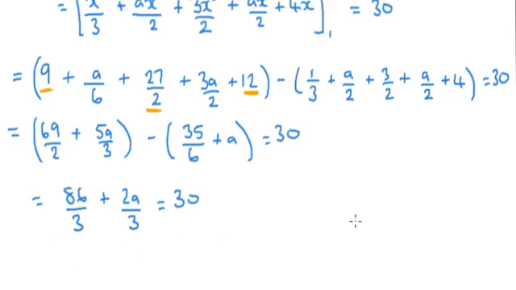Last couple of steps. I like getting rid of fractions if possible, so I'm going to just times both sides by 3. So we're going to have 86 plus 2a is equal to 90. Take away the 86 gives us that 2a is equal to 4, and then dividing by the 2 tells us that a is 2.